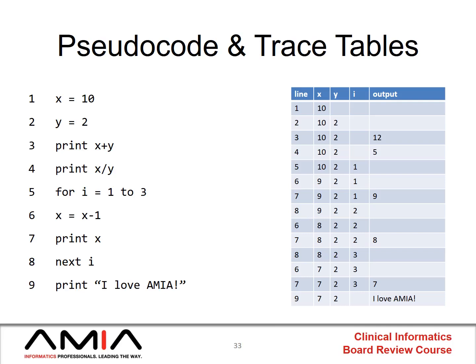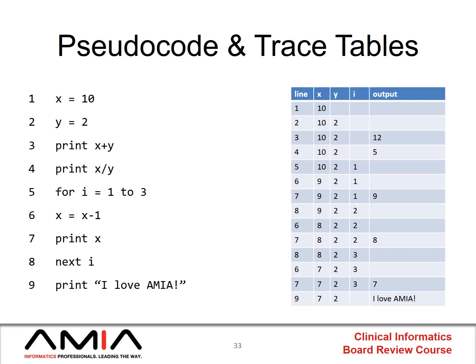Now, the significance of this for the exam is that you may be expected to look at a piece of pseudocode and be able to trace the value of a specific variable. And so they might show you some code.